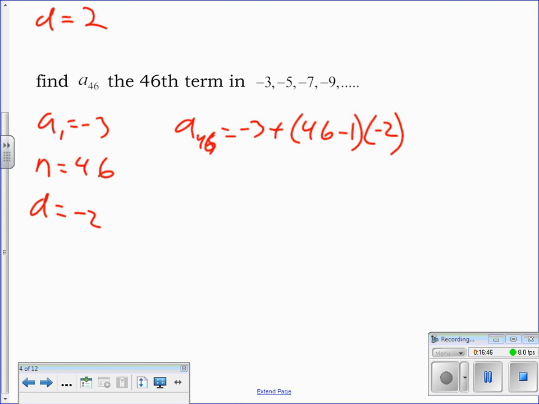Some of them are relatively easy to do in your head, some of them aren't. So 46 minus 1 is 45. 45 times 2 is 90. So that's -90 minus 3, -93. But the calculator, just use the calculator, I'm fine with that.